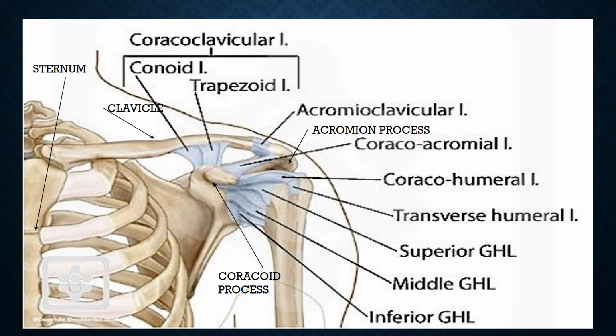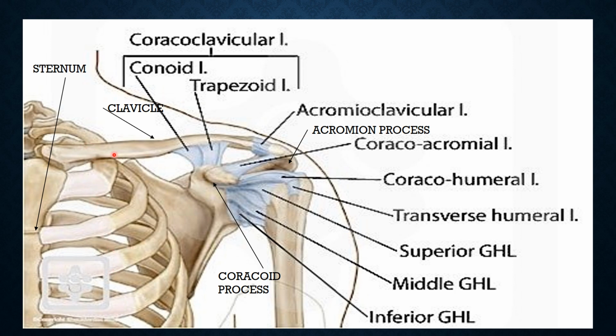Okay, so we are looking at the shoulder joint. This is the shoulder joint from anterior aspect, right? So we can see the sternum. These are the ribs. This is clavicle. This is scapula. This is the coracoid process of the scapula. And behind the coracoid process, there lies the spine of the scapula, right?